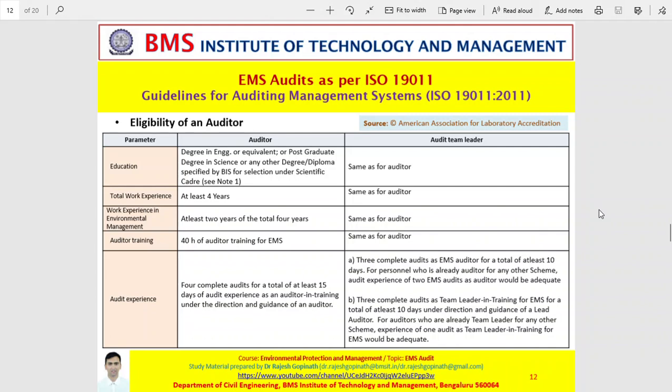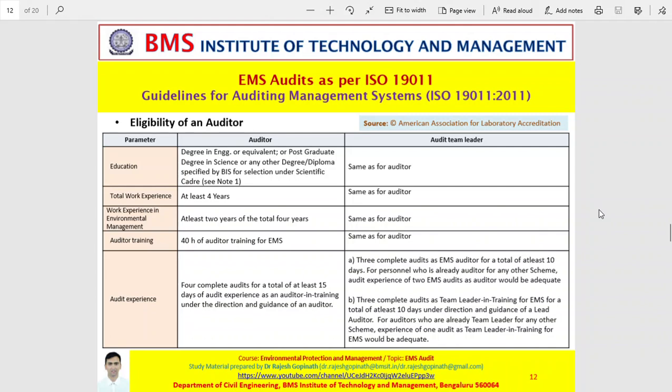If you look at the table, the first 4 rows are basically the same for both the team member and the team leader. Both of them should be qualified with a degree in environmental engineering or environmental science and/or a postgraduate degree.